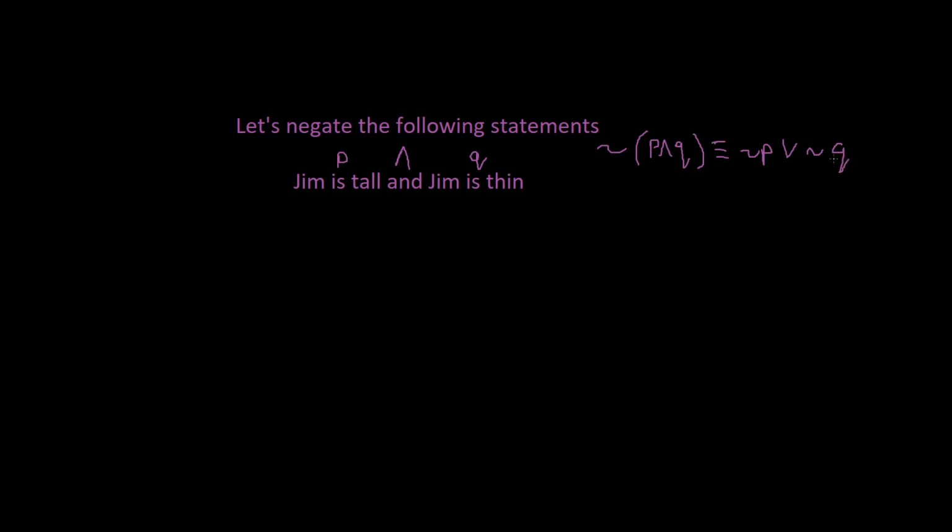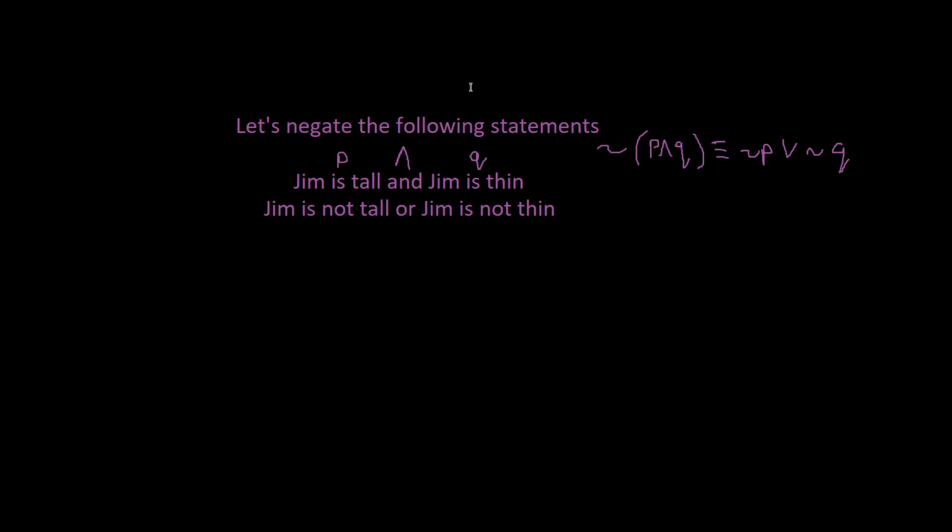So what are we going to do now, since we flipped it? Well, we're going to have to change how our English statement is said. So we have to say Jim is not tall, or Jim is not thin. So that would be our answer. But there's always another idea.